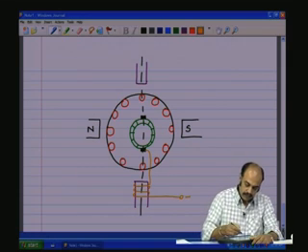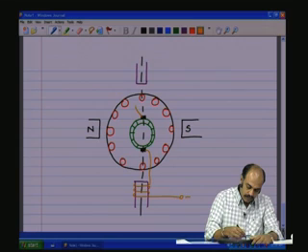Okay, so, this is the negative, and from this brush also we will take it and wind it over the poles as shown here. This is plus.